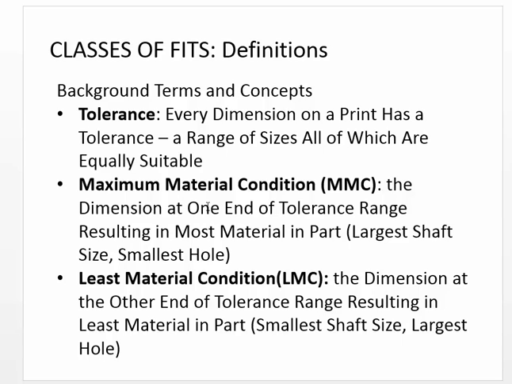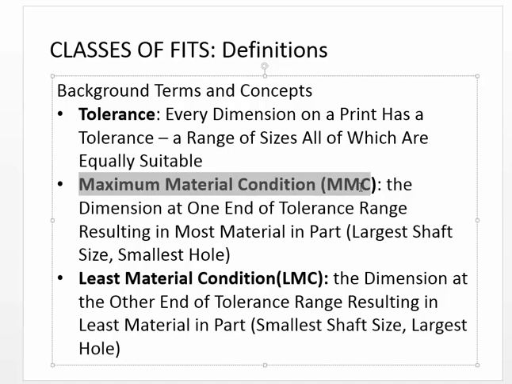If you've got a shaft, max material condition is the top number, the largest that the shaft can be. If you have a hole, maximum material condition is the smaller of the two numbers, the smallest that the hole can be. In both cases, max material condition is going to be used as a starting point for determining the tolerances that you come up with for the other three values.